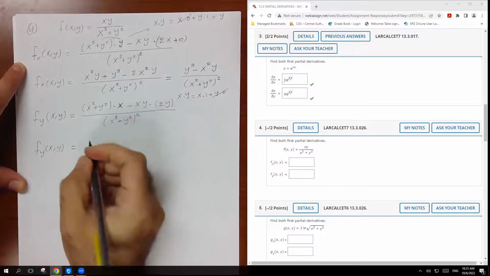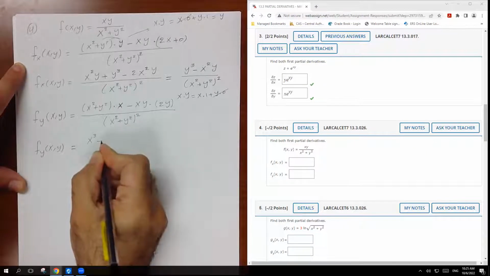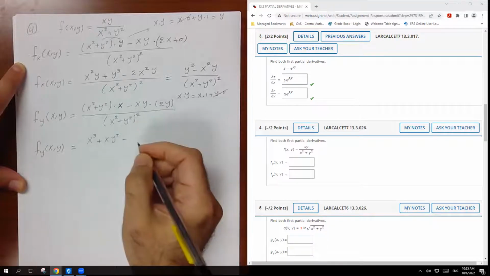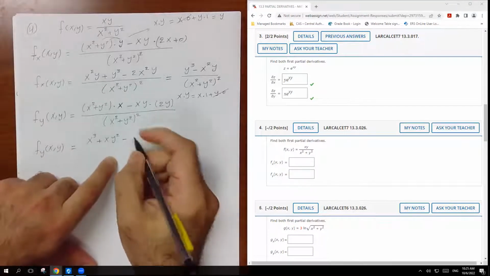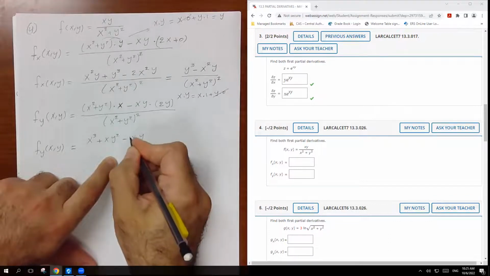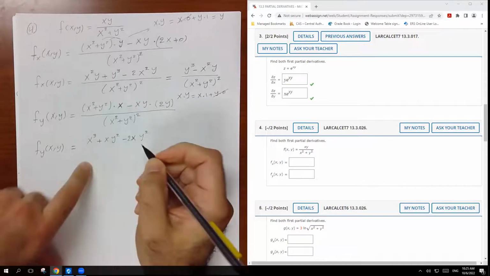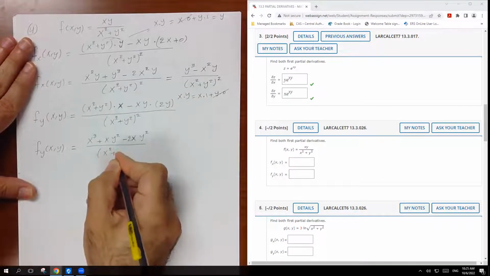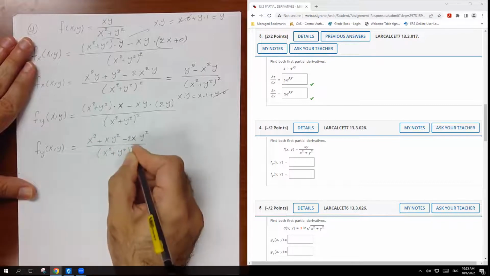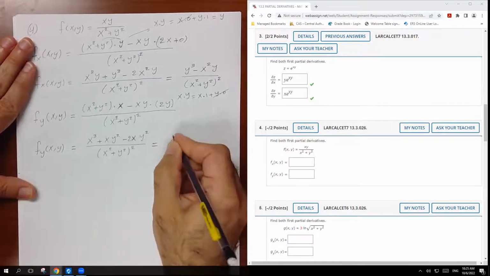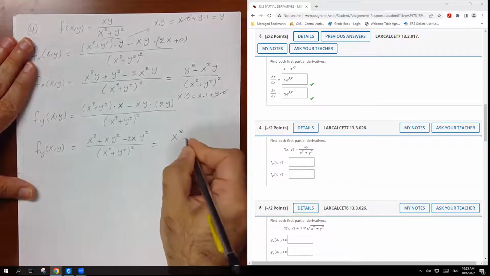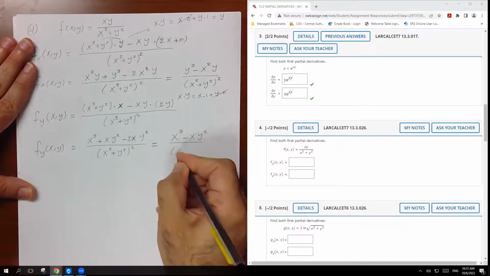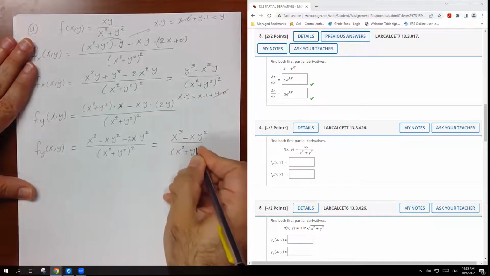I'm going to distribute x. So it's going to be x cubed plus xy squared, minus, multiplying these two, also minus 2xy squared, and everything is divided by (x squared plus y squared) squared. And then the final result is going to be x cubed minus xy squared, divided by (x squared plus y squared) squared.